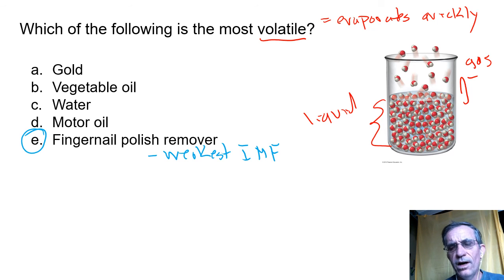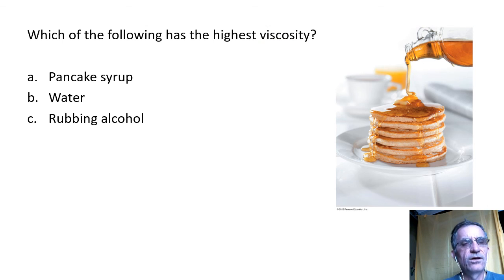All right, one more practice question, just to make sure these terms made sense to you. Which of the following has the highest viscosity? That's another term I talked about. Do you remember that one? Maybe the picture was a bit of a hint.